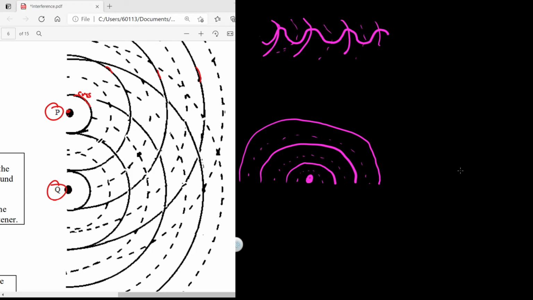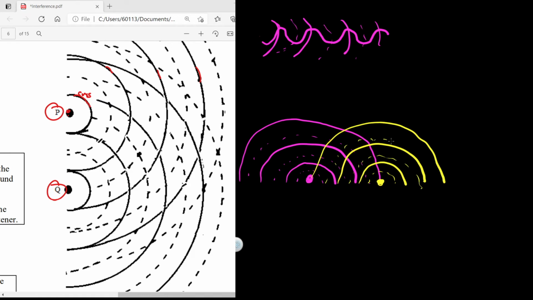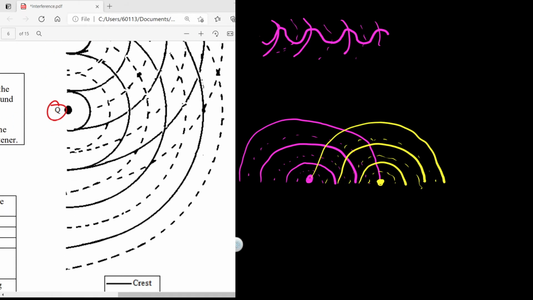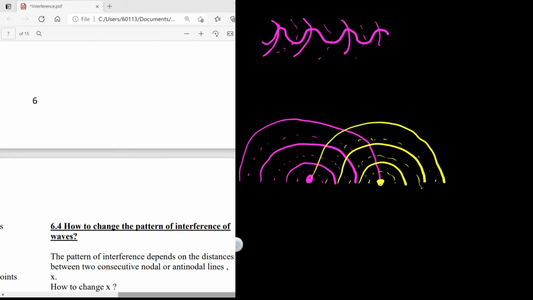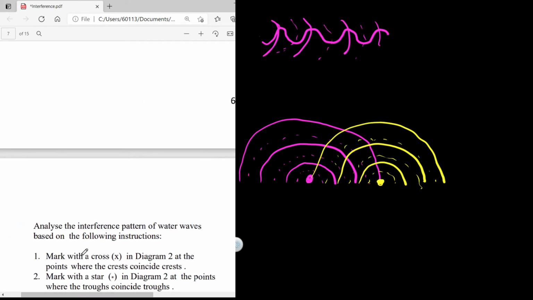For Q, let's say we have another wave for Q. So we have crest, and then crest, and then crest, and trough, dotted line, trough, dotted line, and then trough, dotted line. This is just the wavefront of the wave from above. That's how you can interpret the diagram.